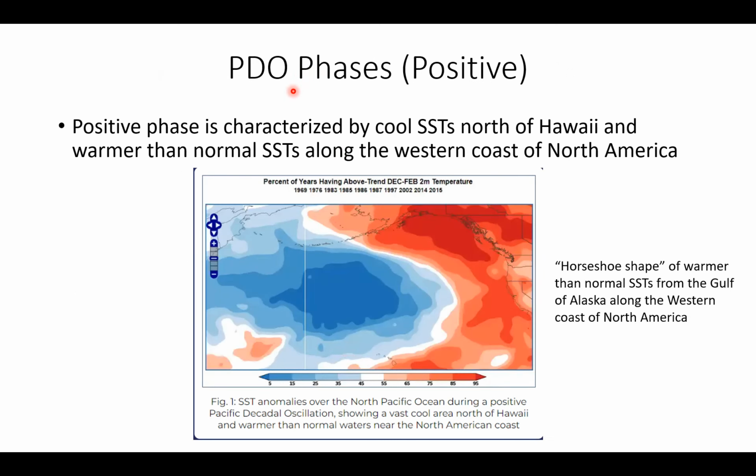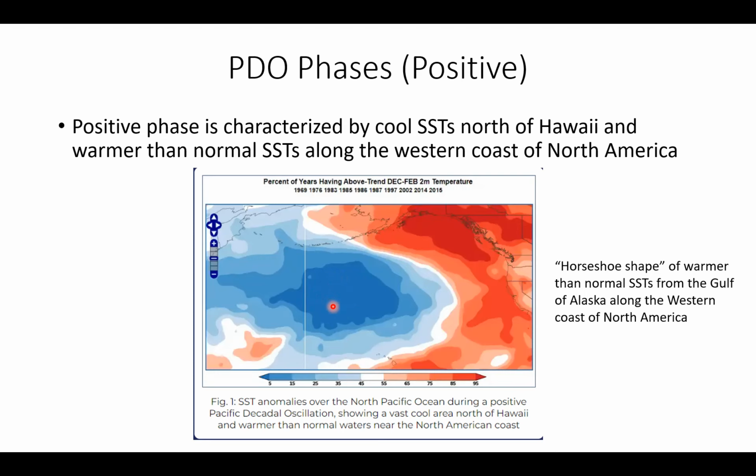So let's first take a look at the PDO in the positive phase. Generally, the positive phase PDO is characterized by cooler than normal sea surface temperature anomalies, denoted here in the graphic in the blue coloring. The deeper the blue, the higher the probability that we see below normal sea surface temperature anomalies.